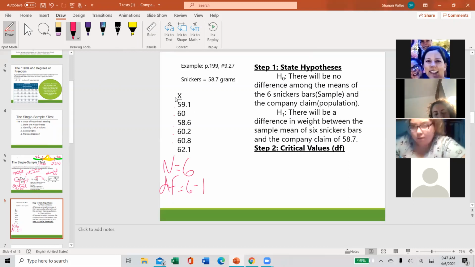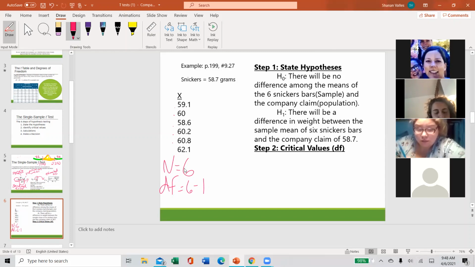Remember, when you add them up, that's going to be our sum of x. But this is just the n, which is how many data there are. That's all it is. N is just how many there are, and when we add them all up, that's going to be our sum of X.